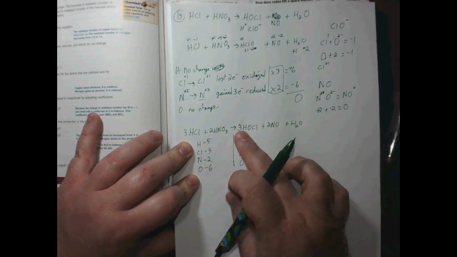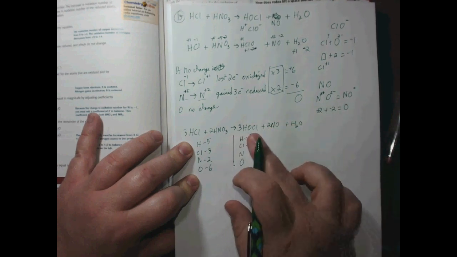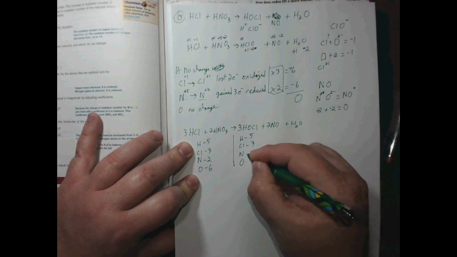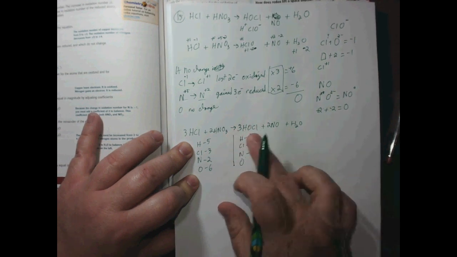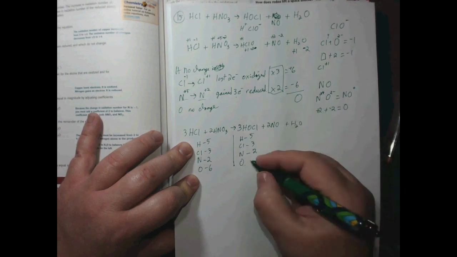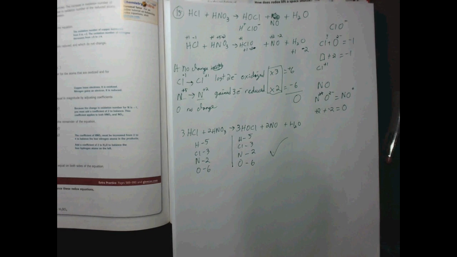Here, 3 hydrogens plus 2 hydrogens, that's 5. 3 chlorines, 2 nitrogens, 3 oxygens plus 2 oxygens plus 1 oxygen. So it's balanced. Okay? Didn't have to do anything beyond that. This is why it works.